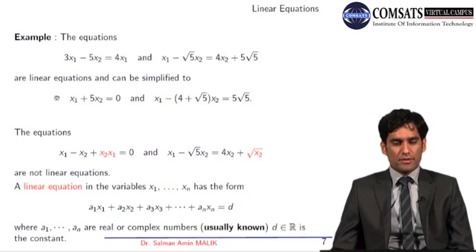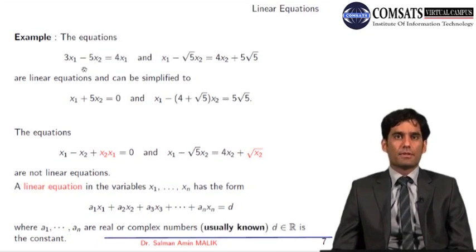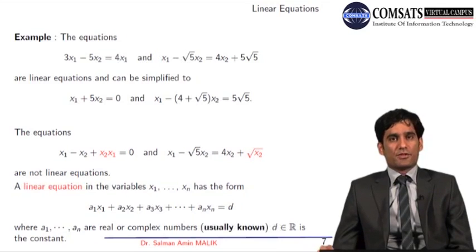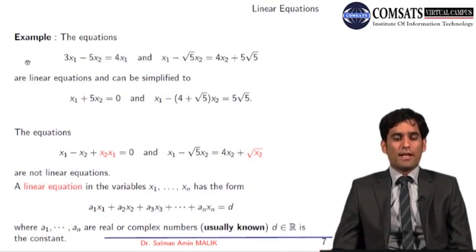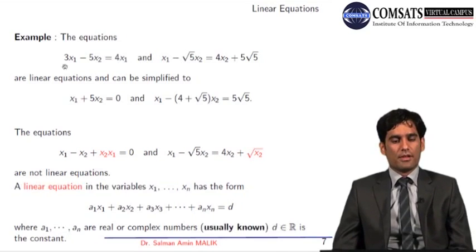I have mentioned here on the slide the two equations. The first one has x1 and x2 as the variables. I hope that you know the variables. The variables are symbols which can have values from a certain set. For example, x1 and x2 are variables because they can assume any value from the set of real numbers.